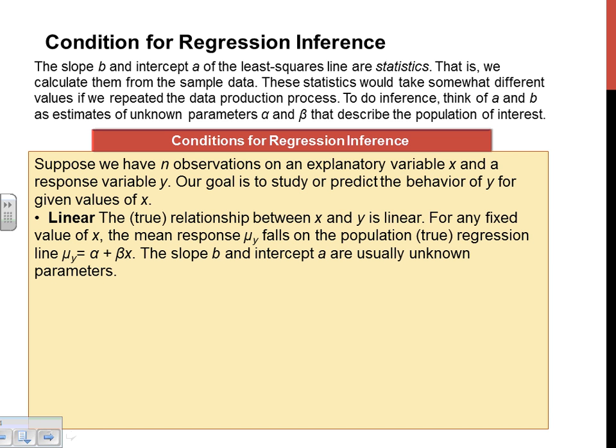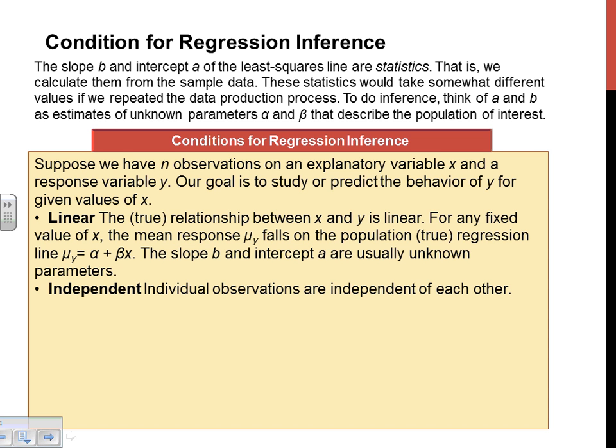Linear. The true relationship between x and y is linear. For any fixed value of x, the mean response mu sub y falls on the population true regression line, mu sub y equals alpha plus beta x. The slope beta and intercept alpha are usually unknown parameters. Independent. Individual observations are independent of each other. And normal.